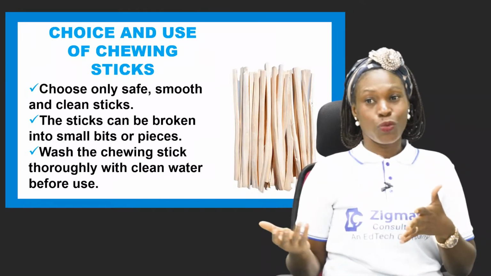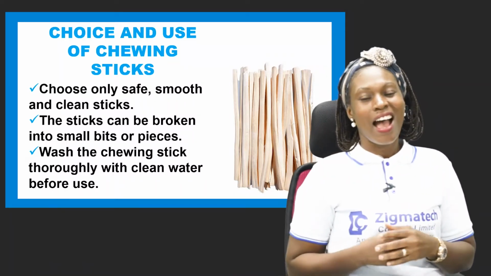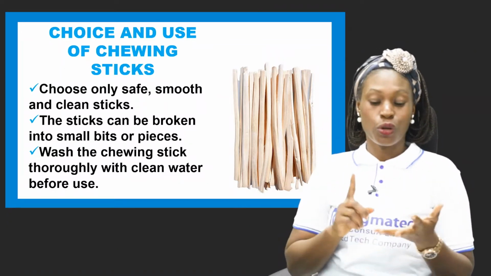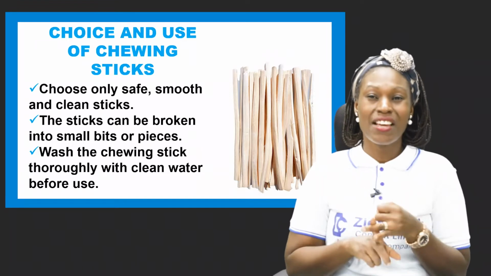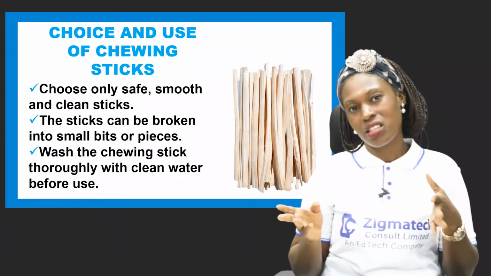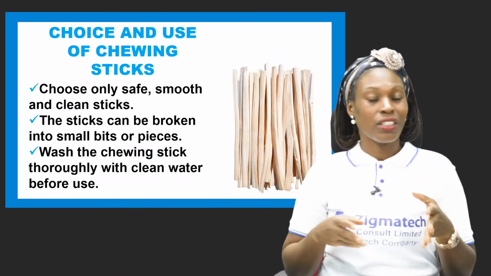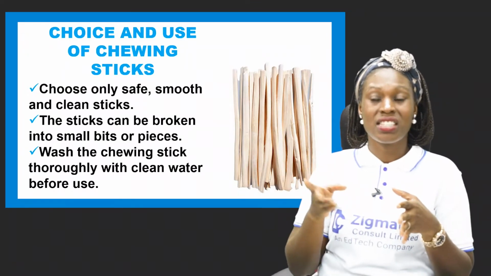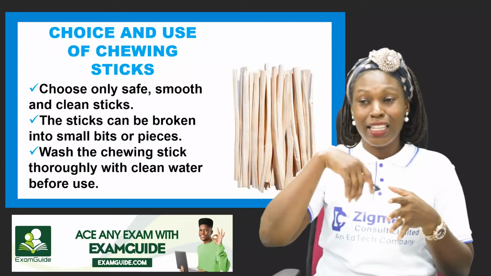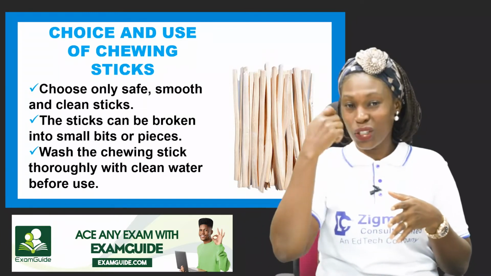Now, choice and use of chewing stick. If you're using a chewing stick, you need to choose only safe, smooth, and clean sticks, not some harmful kind of sticks. Because when you're chewing it, you're actually taking in the juice, or whatever it is, from the chewing stick.